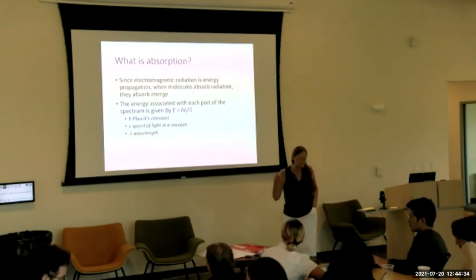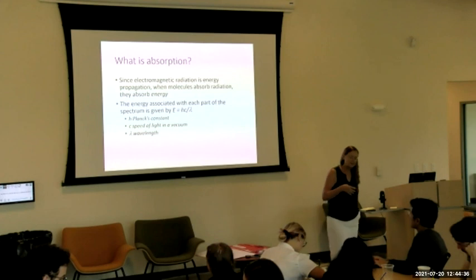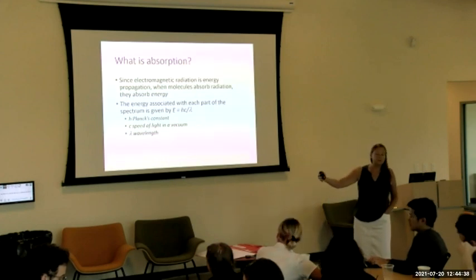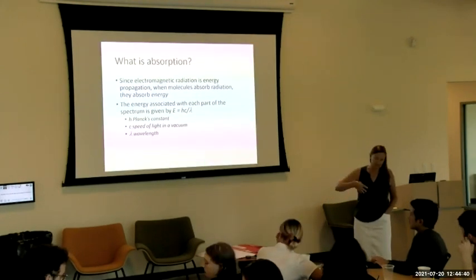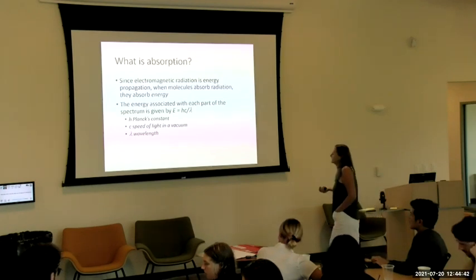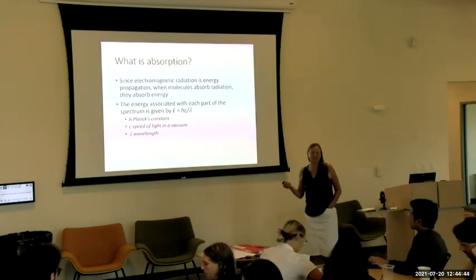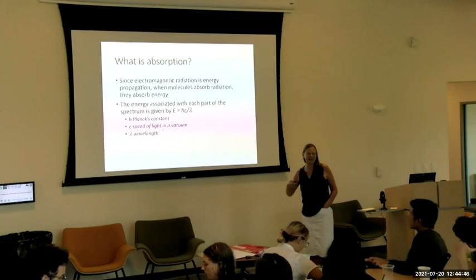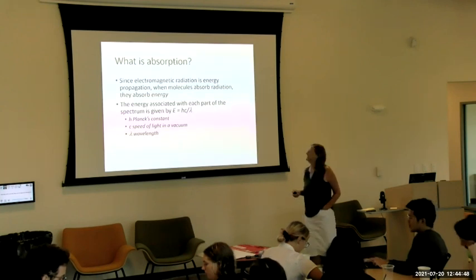Since energy is proportional to one over wavelength, the blue end of the spectrum has higher energy than the red end. That makes sense when we think about the black body radiation we were talking about yesterday. Bluer things are hotter than redder things, right?